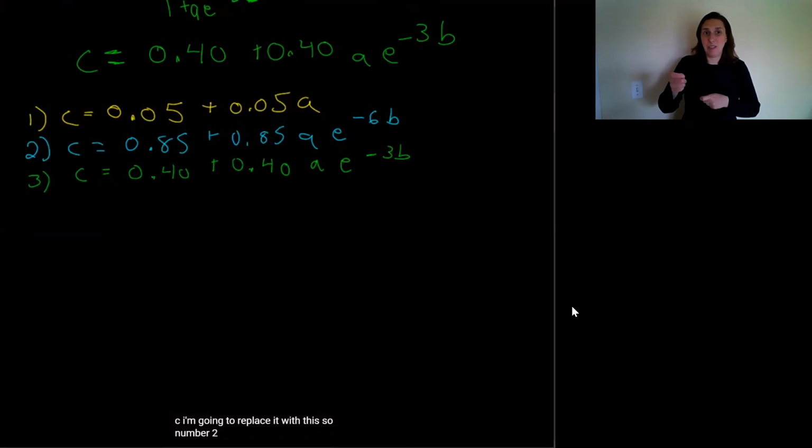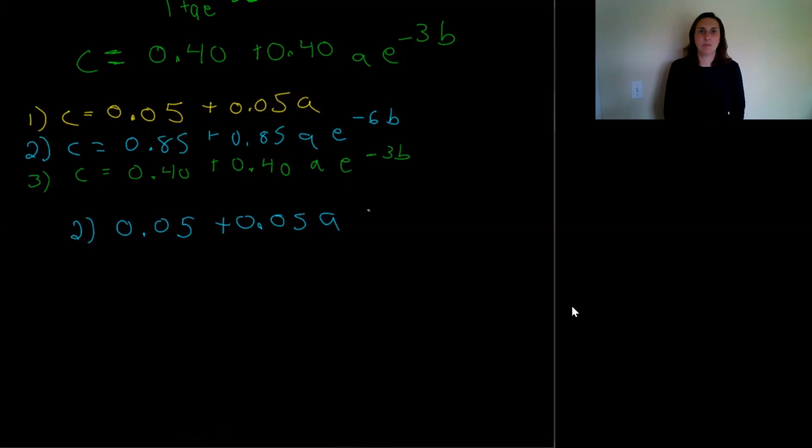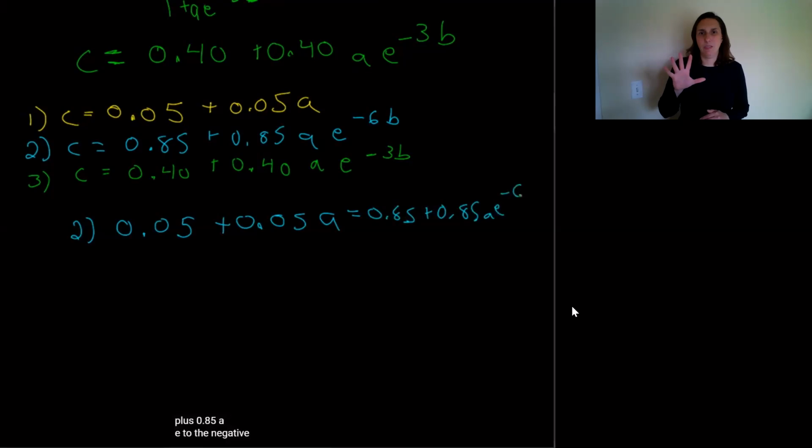So number 2 becomes 0.05 plus 0.05a equals 0.85 plus 0.85a e to the negative 6b.